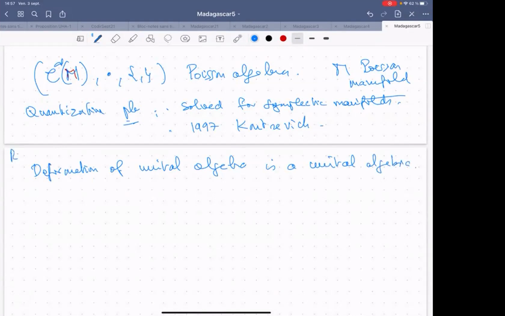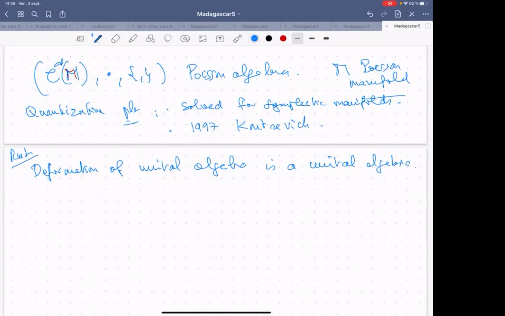I mean, this is one observation. One can prove that if you deform a unital algebra, then you can get a unit in your deformation in general. Unitality is conserved by deformations, by formal deformations.